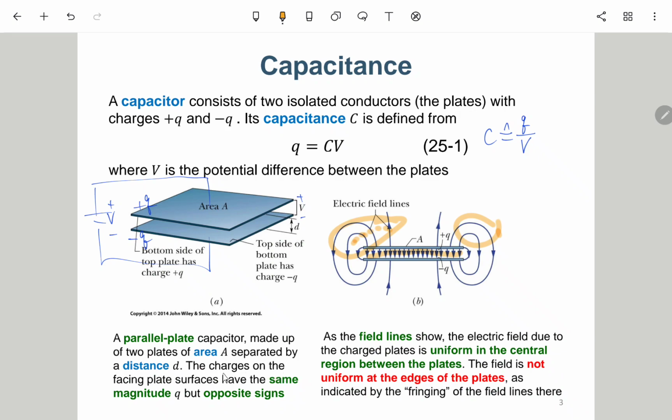The charges on the facing plate surfaces have the same magnitude q, same magnitude but opposite sign. 因为它原来是不带电荷的，那你给了电压之后，它两边就会相等。两边会相等，它不能够一边多一边少，它两边都会带同样大小的电荷，但是正负相反。potential 比较高的，它就会带正电荷；potential 比较低，那边就会带负电荷。Then, as the field lines show, the electric field due to the charged plates is uniform in the central region between the plates.